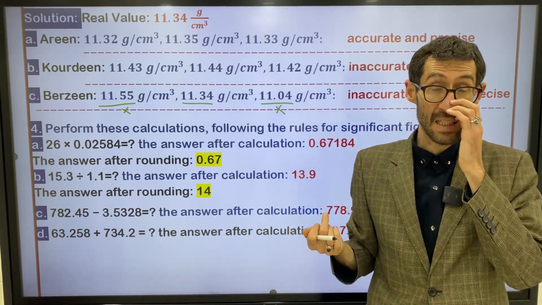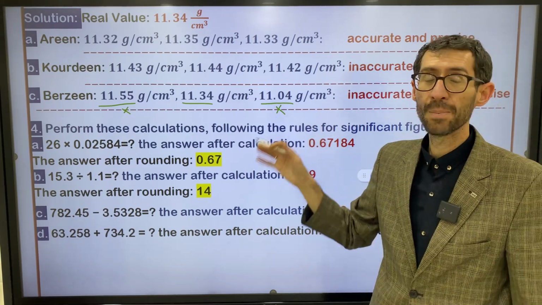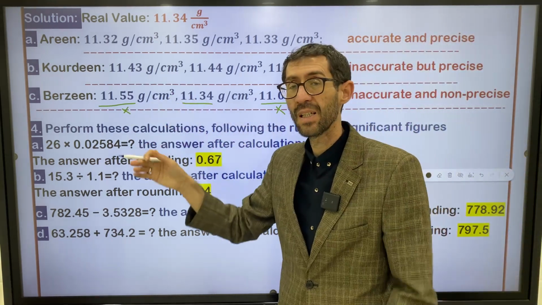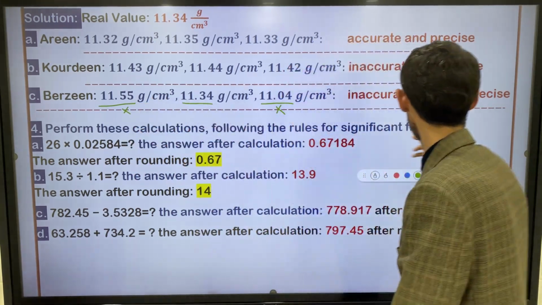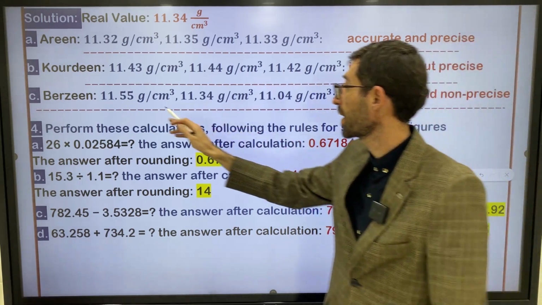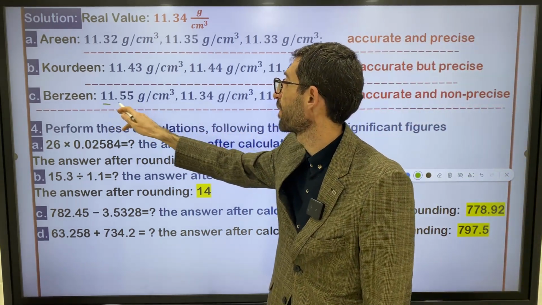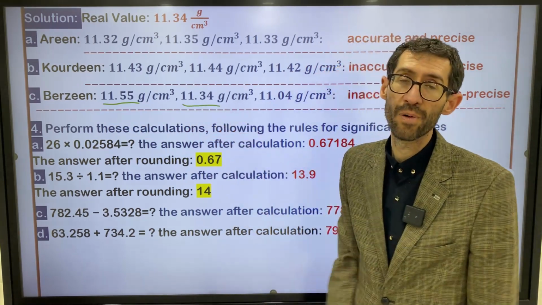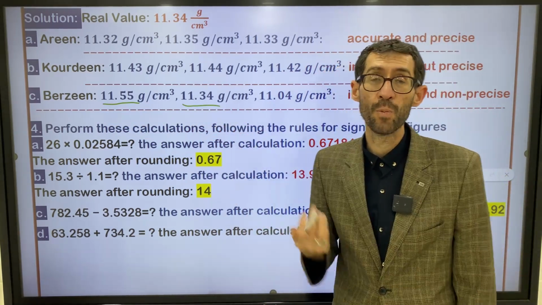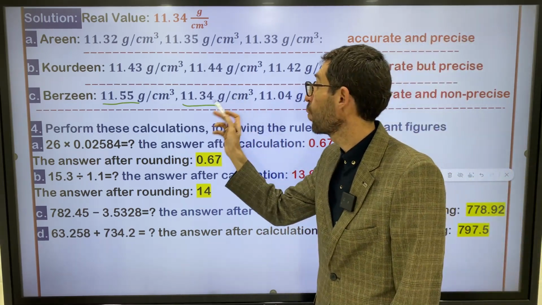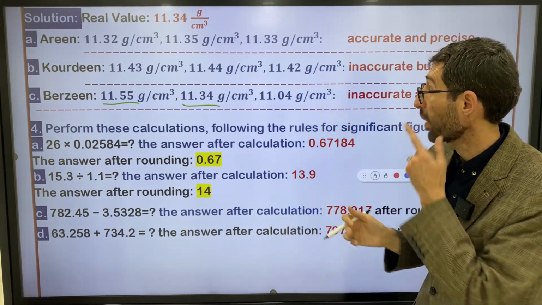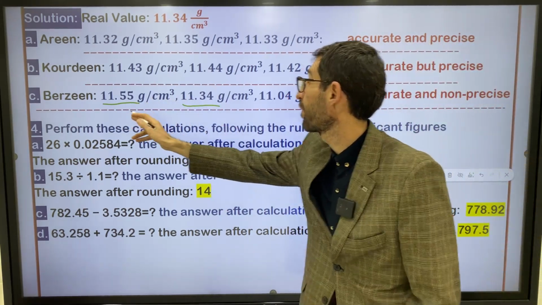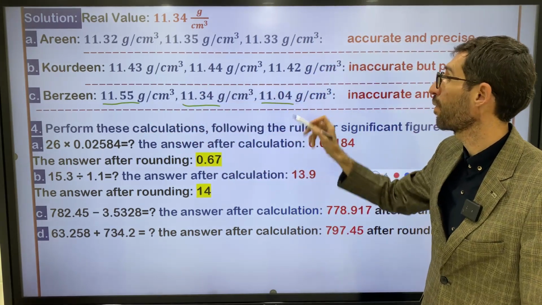What do you say about the precision? Precision means comparing the measurements between one another. 11.55 versus 11.34. They are very far from one another. 21 points far from one another. 11.55 versus 11.04.